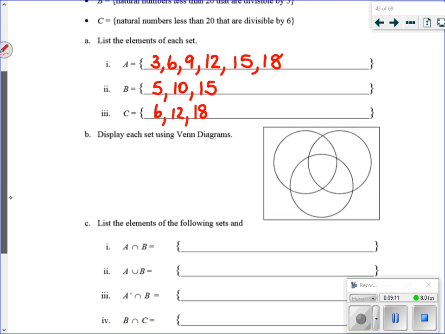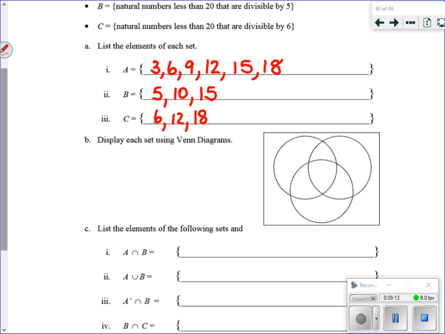Okay, let's display each set using Venn diagrams. Now this is a Venn diagram that involves 3 sets, so that's why we use 3 circles. We need to label one circle as A, one as B, and one as C, and then we're going to put the elements where they belong. Let's start first of all with any elements that would be in this middle section here.